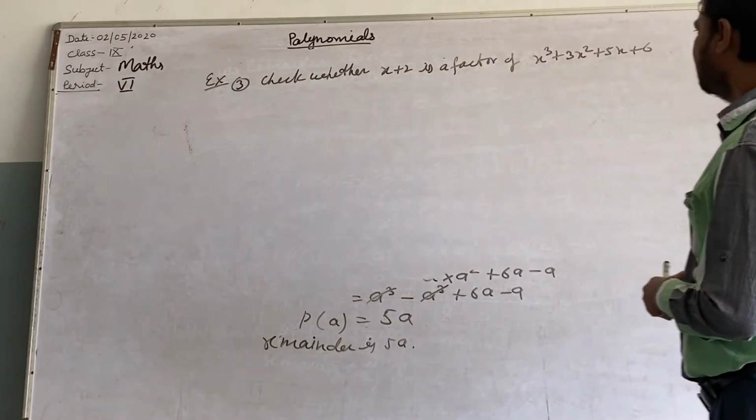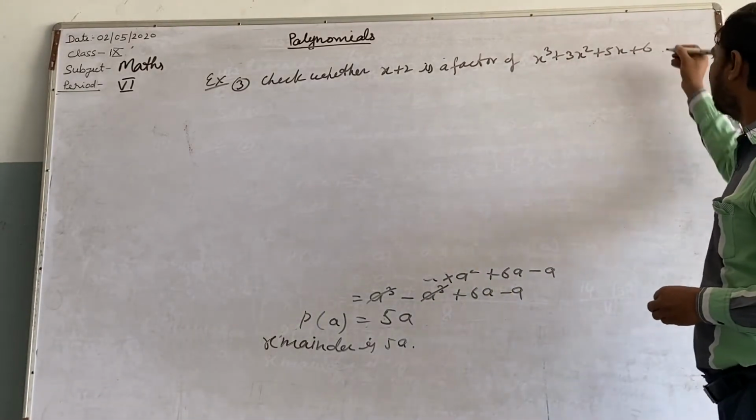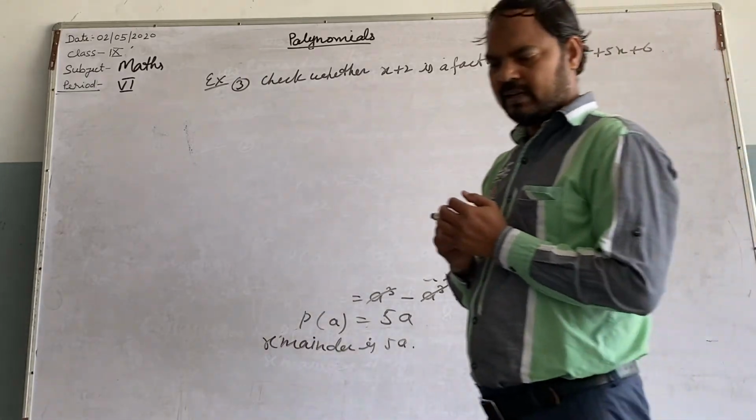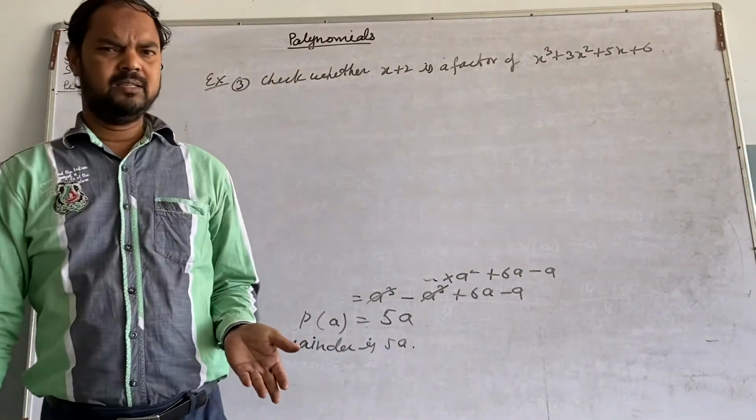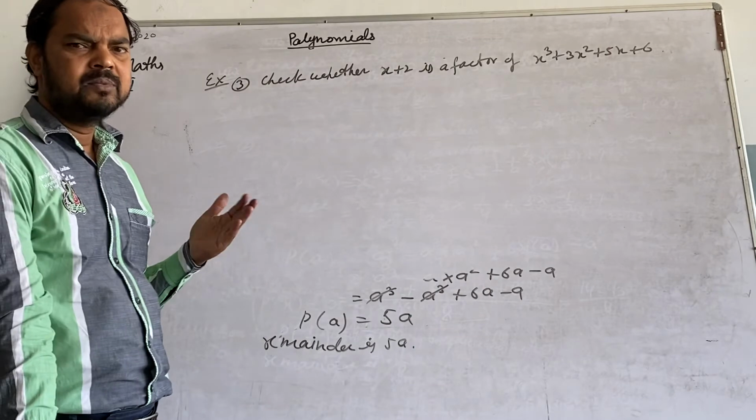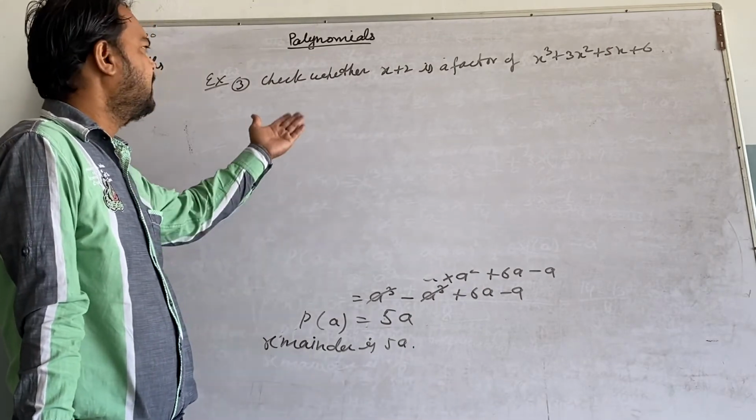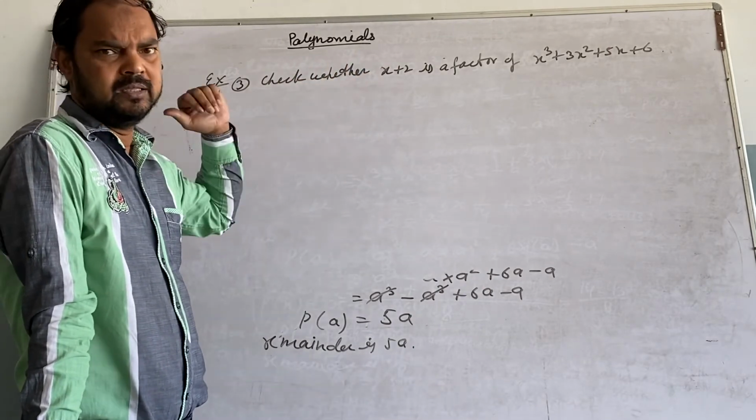Check whether x plus 2 is a factor of this, right? As we have told you that when remainder becomes 0, then we can say x plus 2 is a factor of this polynomial, right?